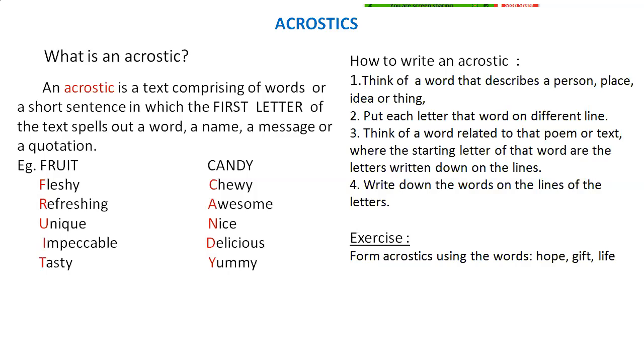Once you have written down all the letters on different lines, the next thing that you would do is think of words that you would form using those letters. In other words, you write down the words on the lines of those letters. This is how you frame an acrostic.